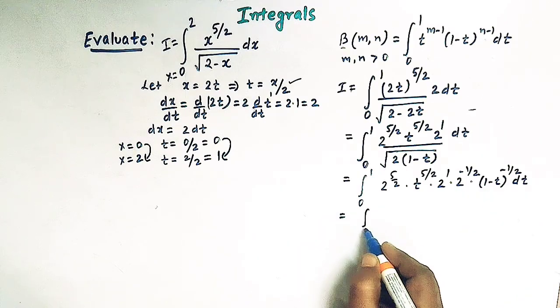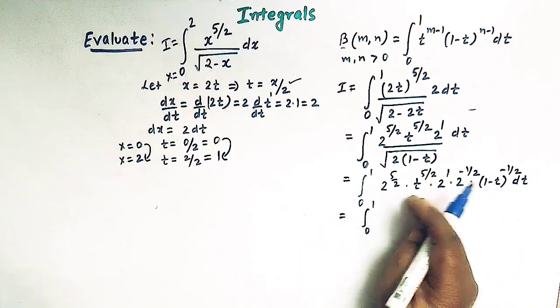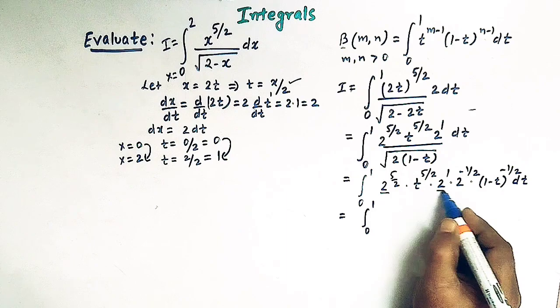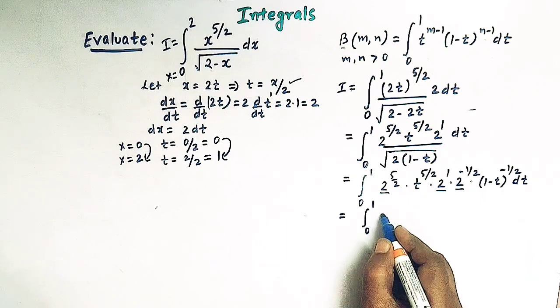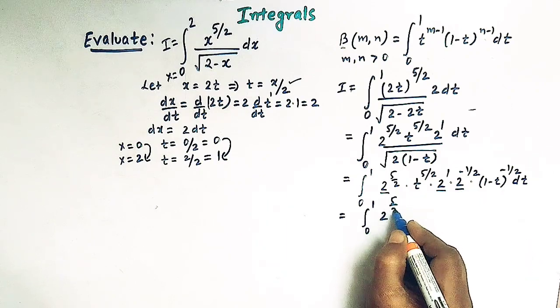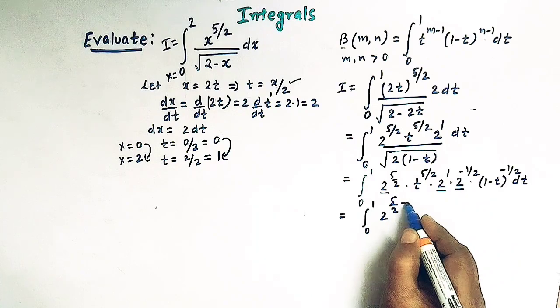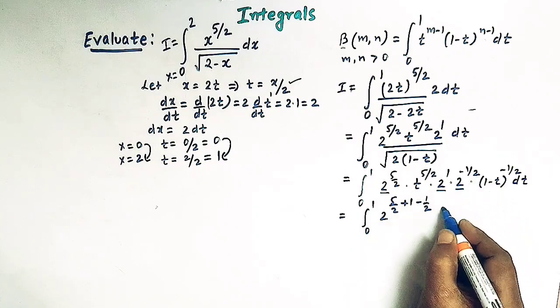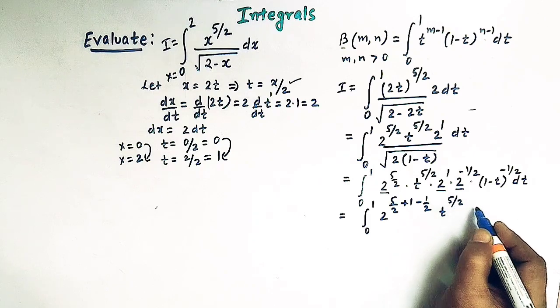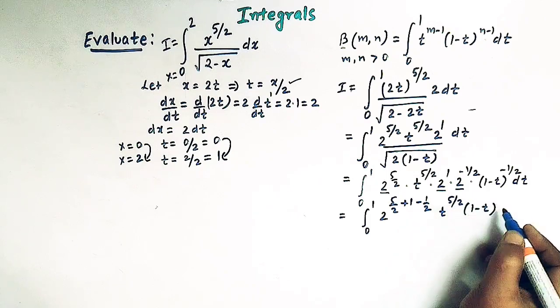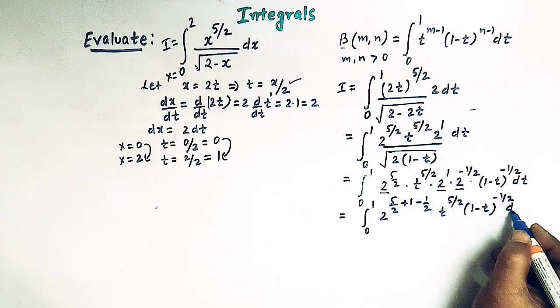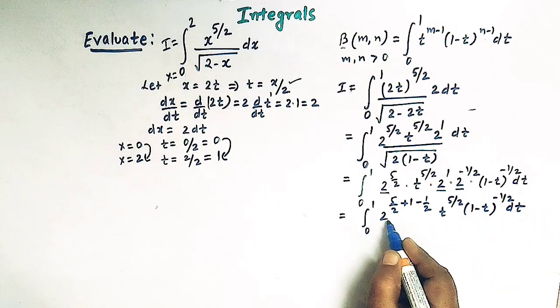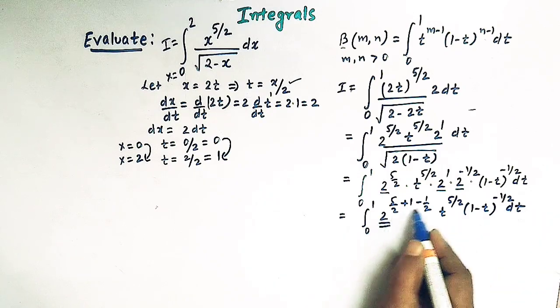So now let us further simplify it. So here we can collect all these 2's. So we have 2 raised to 5 over 2, then plus 1, and then minus half, and here we have t raised to 5 over 2 and 1 minus t raised to minus half, and here we have dt.